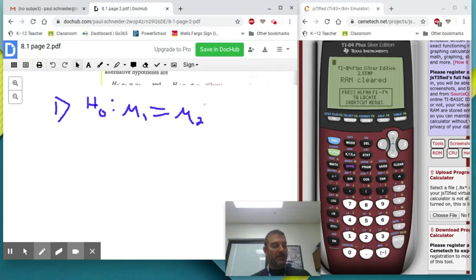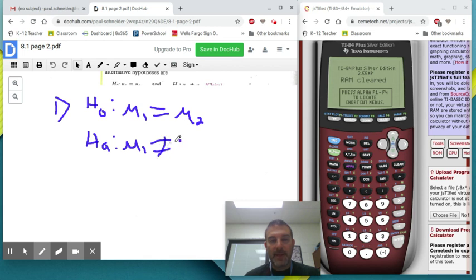So mu1 equals mu2. And in the alternative hypothesis for this problem, we're going to have mu1 does not equal mu2.